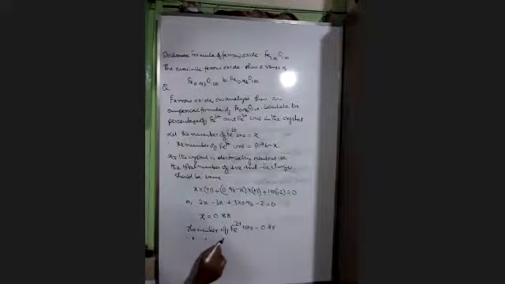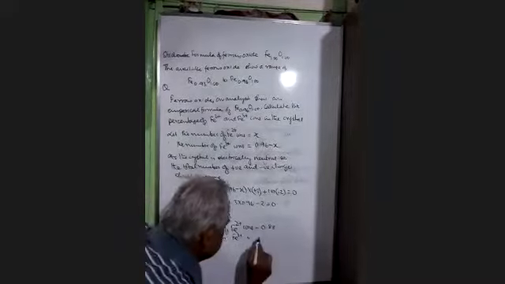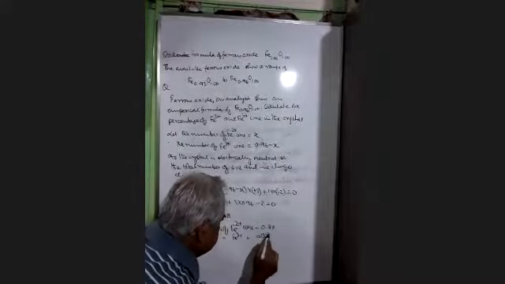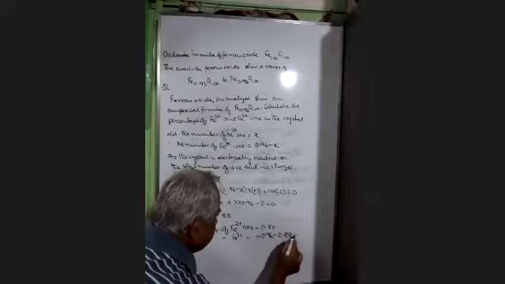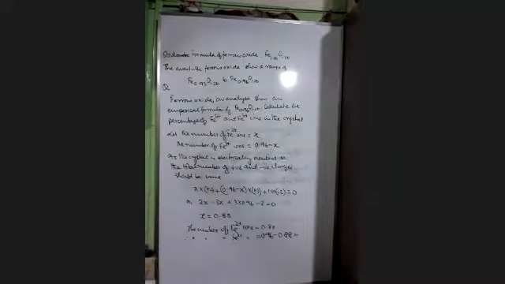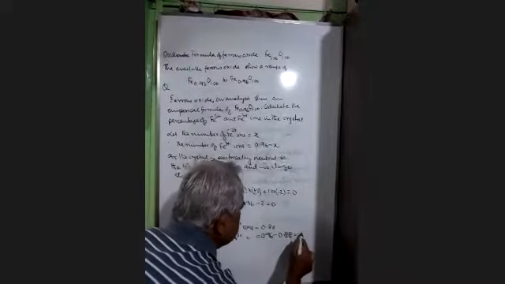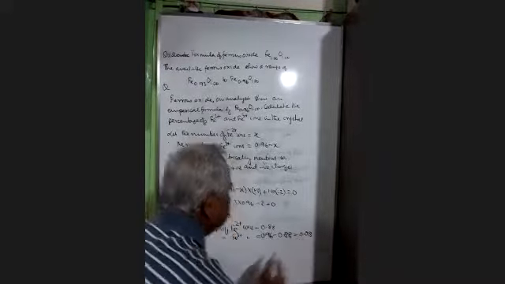The number of Fe3+ ions is equal to 0.96 minus 0.88. So it comes to 0.08.